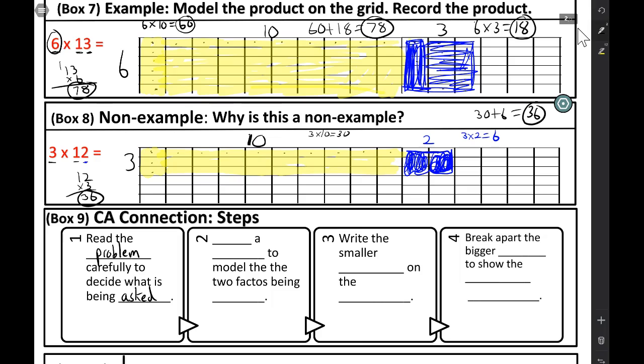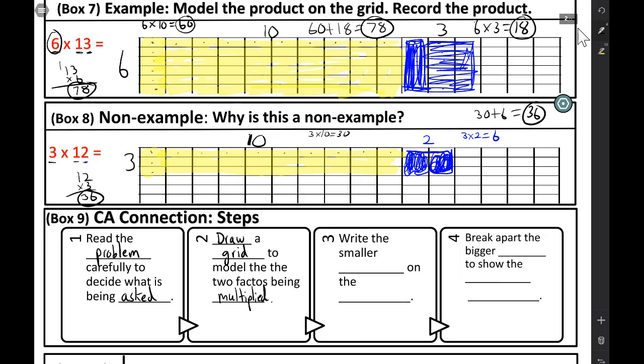Going on to step 2, it's going to say draw a grid to model the two factors being multiplied. And again, normally I will give you grid paper, but just in case we don't have any or you're not using it, you will need to draw your own grid.